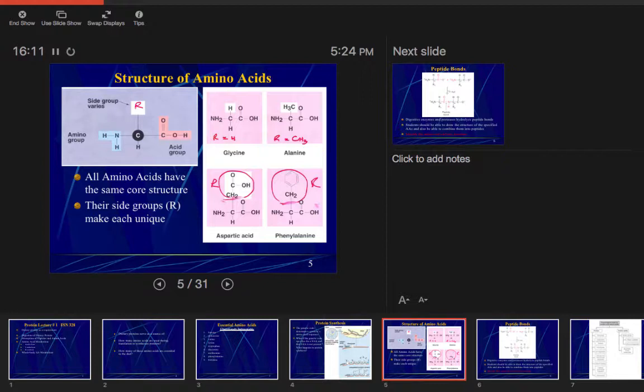They have an amine group, carboxylic acid group, and a side chain, sometimes referred to as the R group. So if you look at glycine, glycine is famous because it's the simplest amino acid. Let's remember that one. One of the ones that you're going to remember the structure of is glycine. That's one of 3.